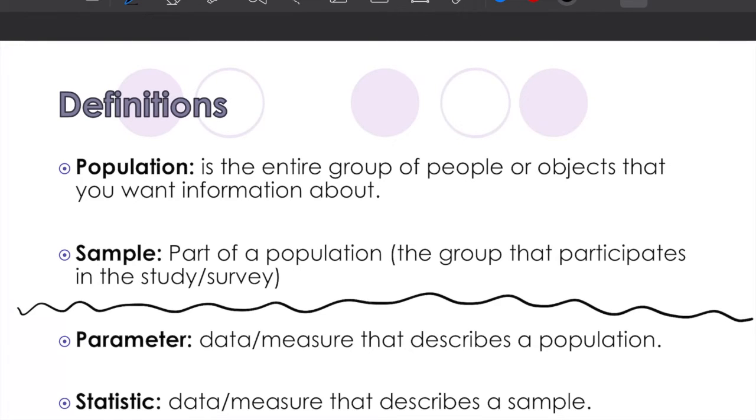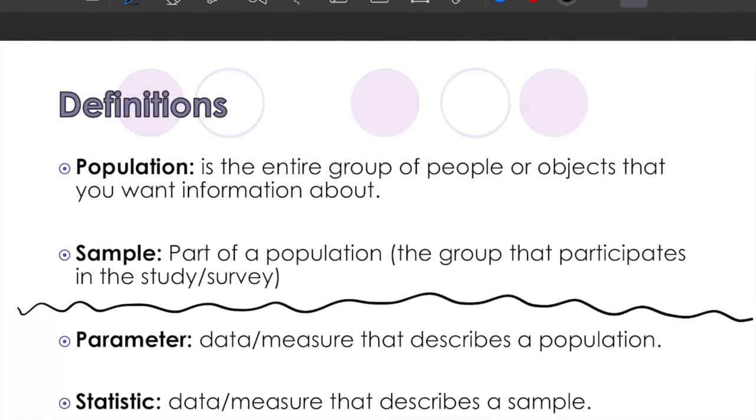And then any data or information that you gather from a population or a sample, you can read the definitions below. A parameter is any kind of data or information or a measure that describes the entire population, versus a statistic, which is just information about the sample, so just that group.